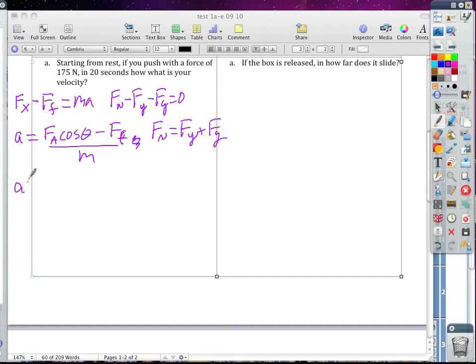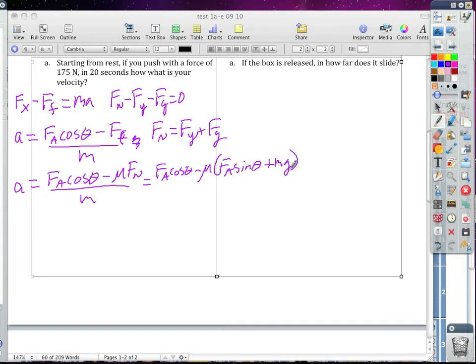So then a here is going to equal Fa cos theta minus mu Fn all over m. Well, that means Fa cos theta minus mu times Fa sine theta plus mg all over m.